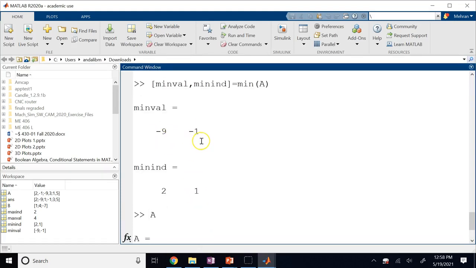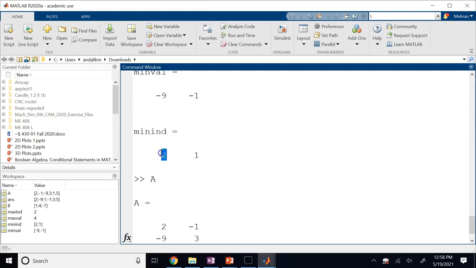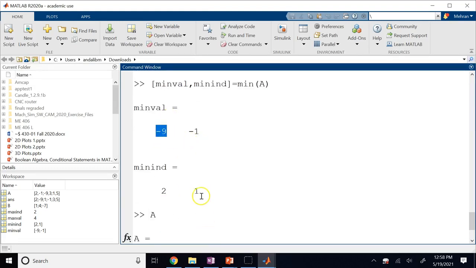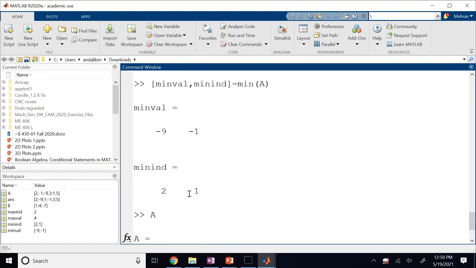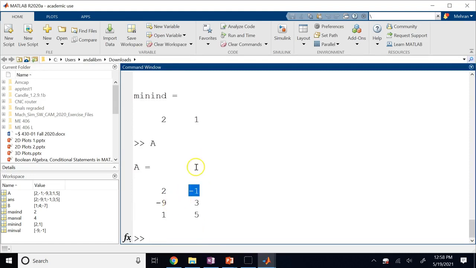Okay, -9, -1, fine. What does 2 mean? It means the second index in the first column is that small number, and here is the first index in that second column. So it's not giving me really the location I wanted. By chance here, it is 2 and 1 also, but that's a separate thing, okay?